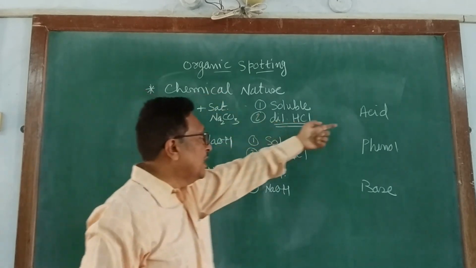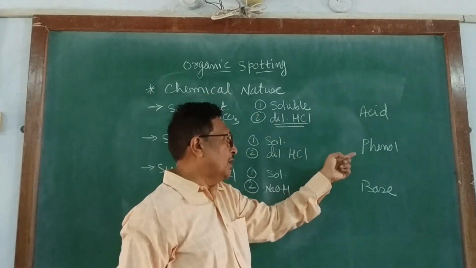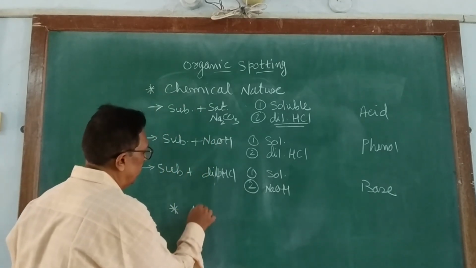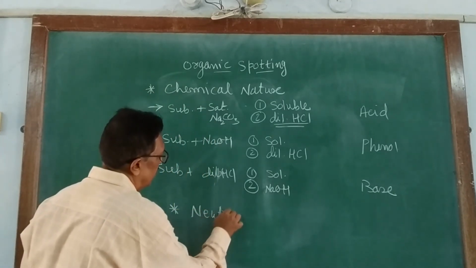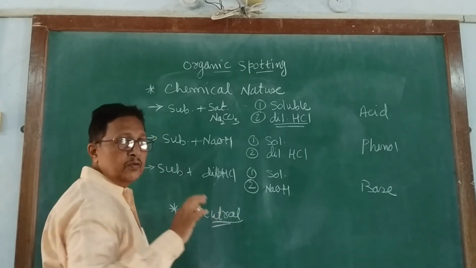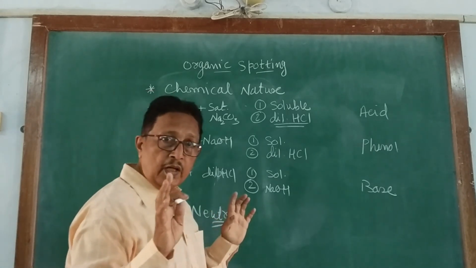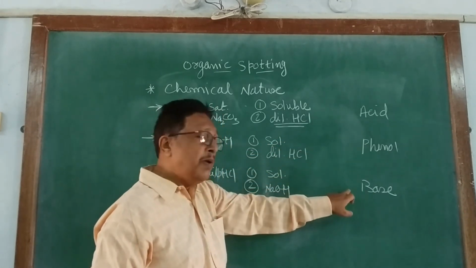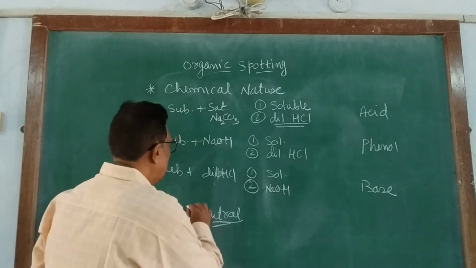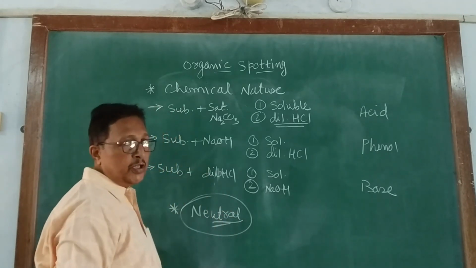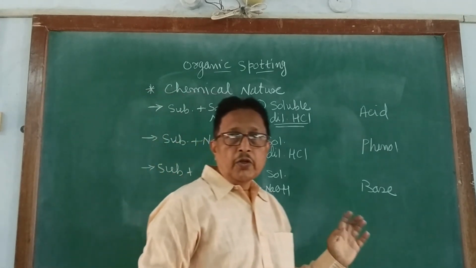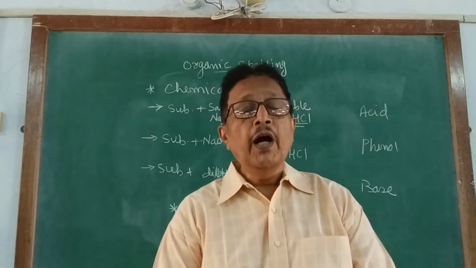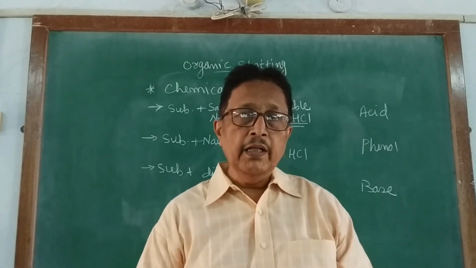If acid is absent, phenol is absent, base is absent, then your substance is chemically neutral. For a neutral substance, no particular test is there. So you have to perform this test carefully, and we will show you how to perform the practical. Thank you.